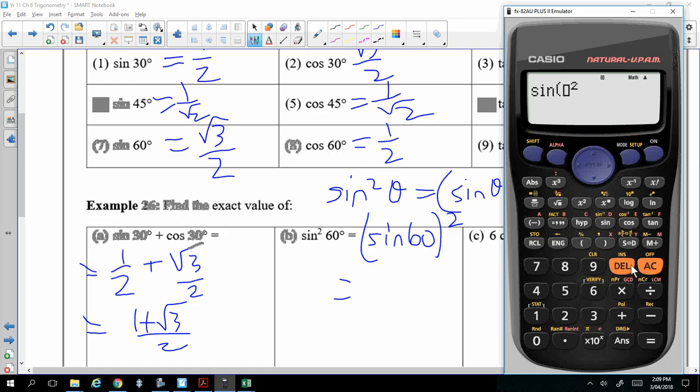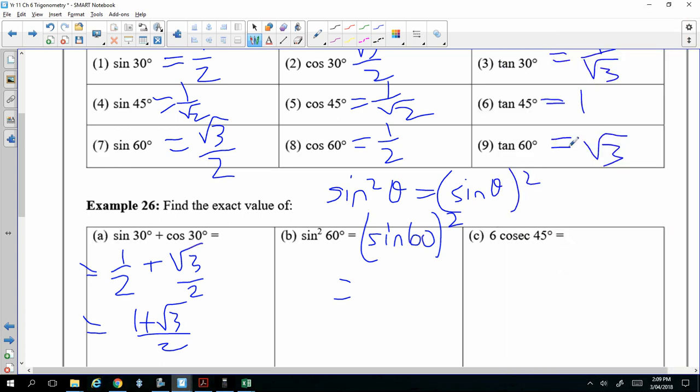So you have to put sine 60, close bracket, then square, like that. What's sine 60? Root 3 over 2. If you square it, you get 3 over 4. Let's see if it works. If I do that on a calculator, press equal, you get 3 over 4, which is 0.75.